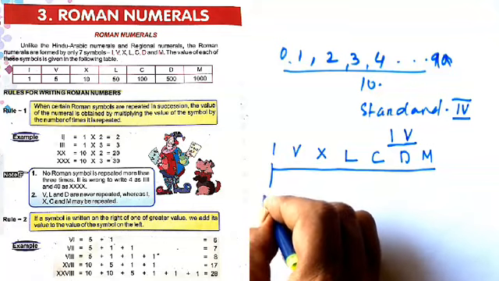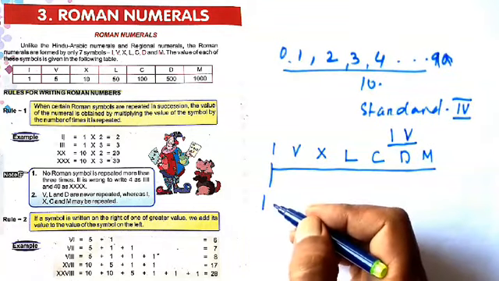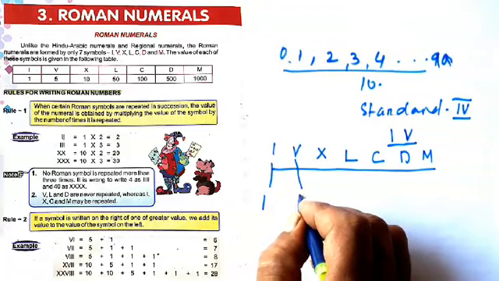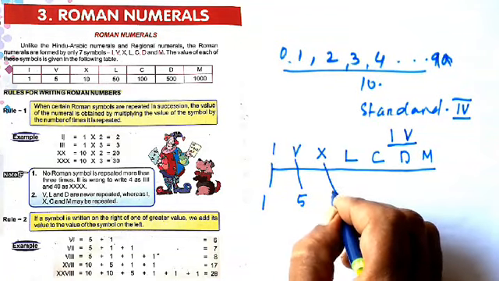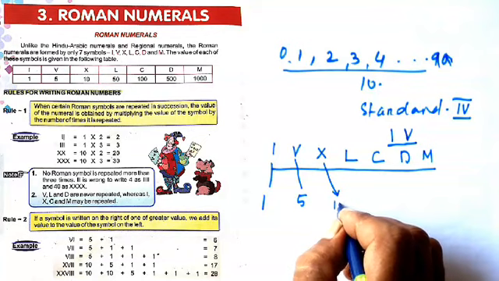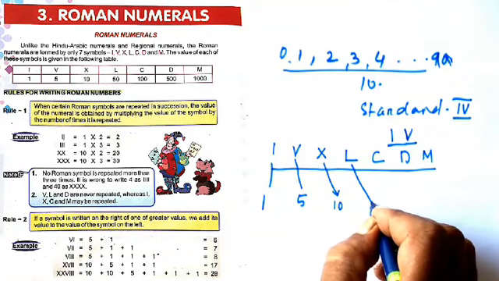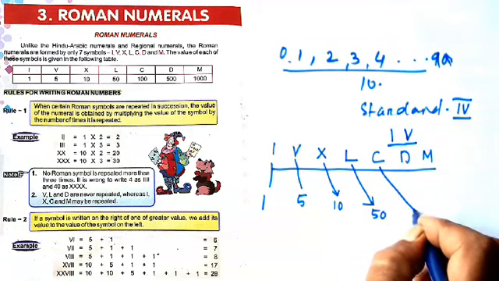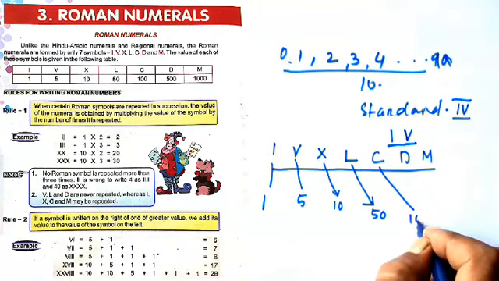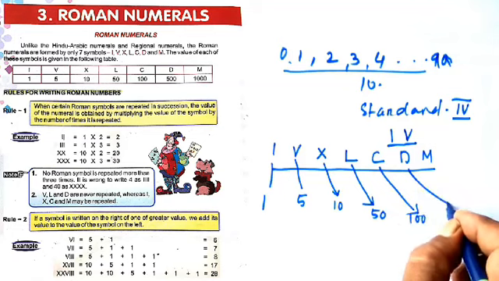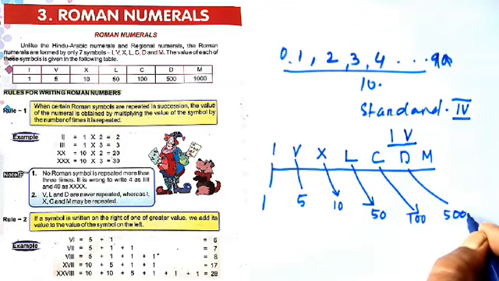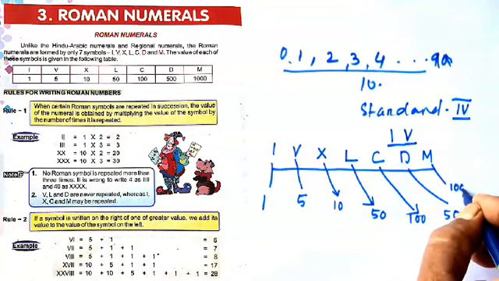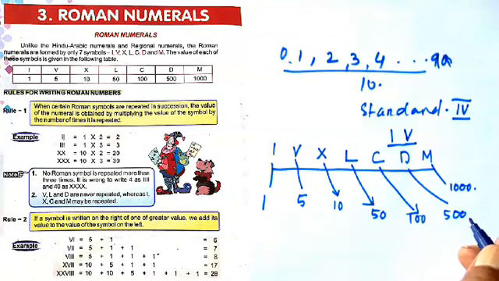I stands for 1. You see in your book, V stands for 5, X stands for 10, L is 50, C is 100, D is 500 and M stands for 1000.